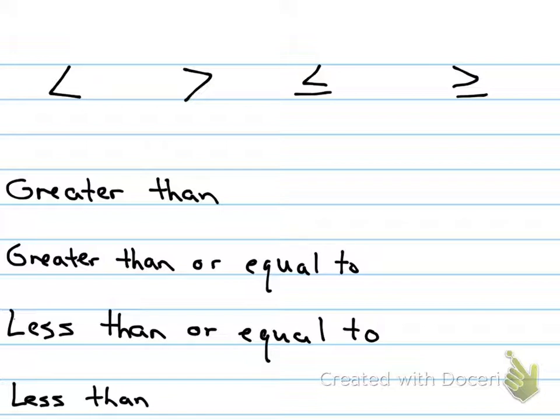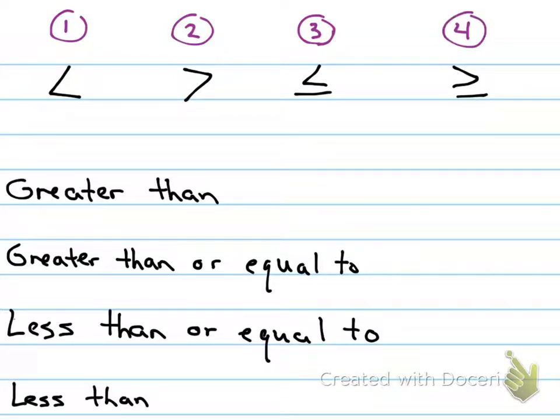So which one do you think is greater than? The one that's open to the left or closed to the left? Let's just number them. This is number 1, this is number 2, this is number 3, this is number 4. Which symbol is greater than? Number 2, very good. Which symbol is greater than or equal to?